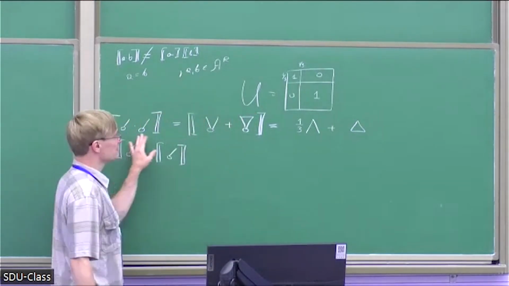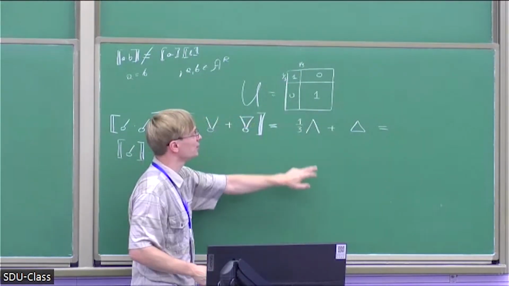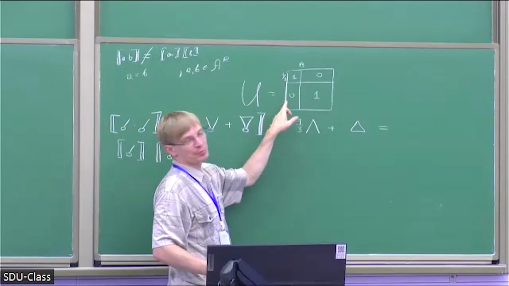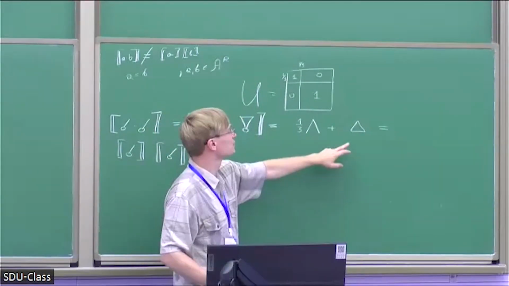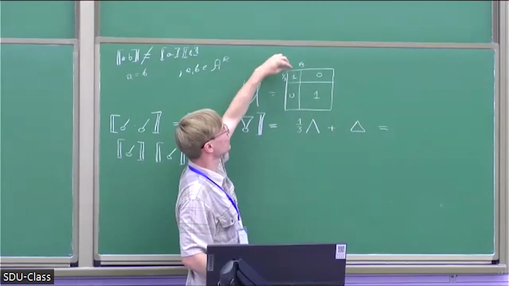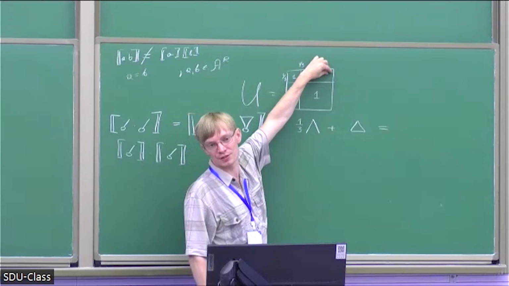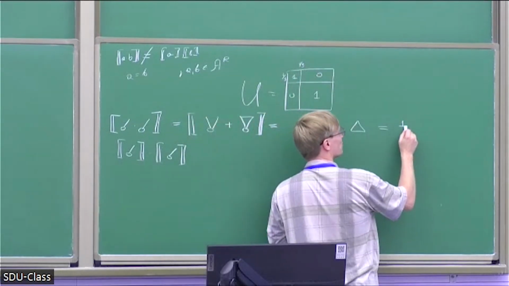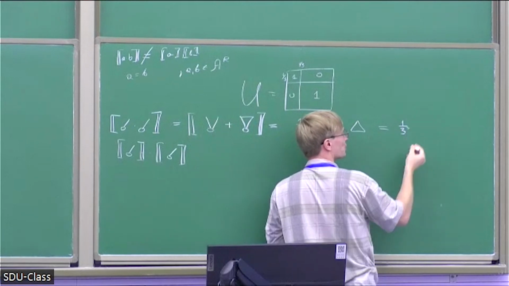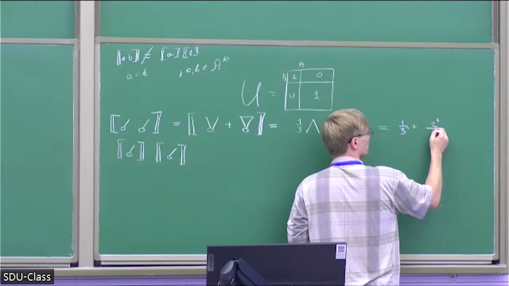So we express this in terms of graph densities. Now we can calculate it here. Cherry does not appear at all. And the triangle: in order to find a triangle here, I need to have either all three vertices in the first part or all three vertices in the second part. So I need to have 1 over 3 cubed plus 2 cubed over 3 cubed.